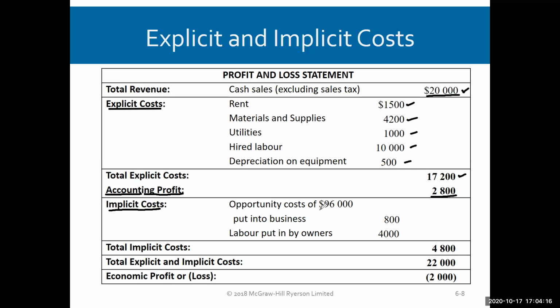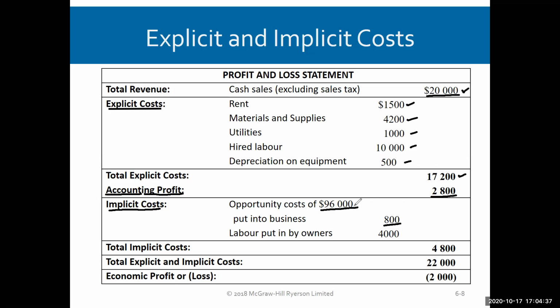Well, we're going to say they had $96,000 that they ended up putting into the business. That was their own hard-earned cash that was earning $800 outside the business. So they gave up this earning of $800 outside the business to start their business.